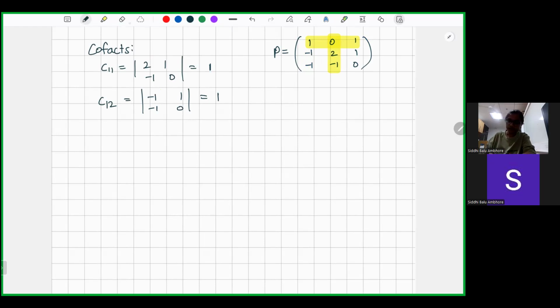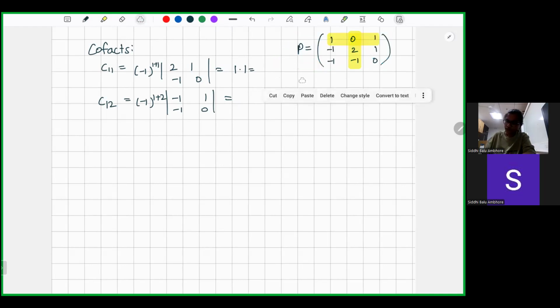We also have to take the corresponding powers, minus 1 power 1 plus 1, minus 1 power 1 plus 2. So C11 is 1, and C12 is minus 1 into 1, that is minus 1.